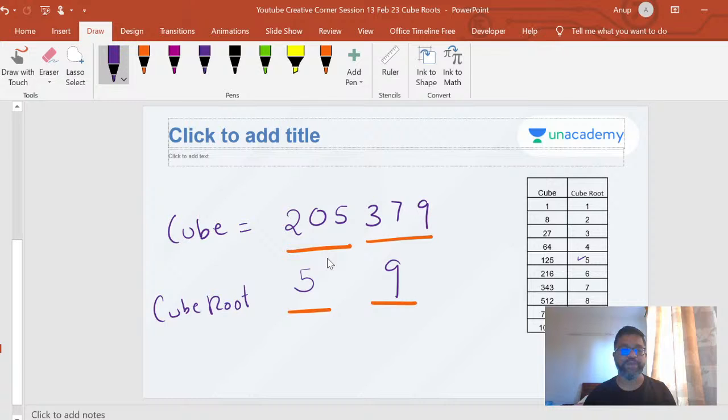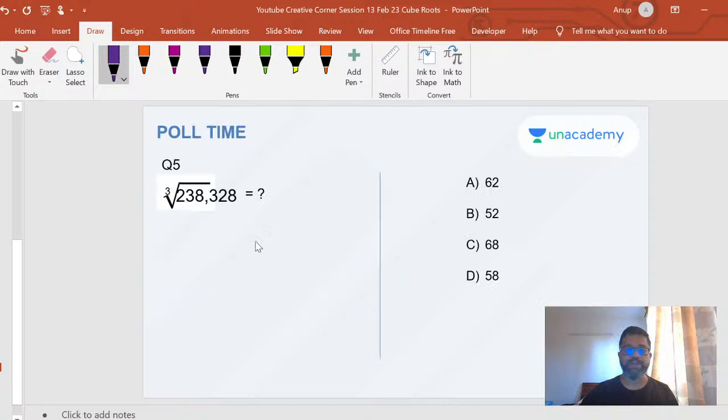Okay, so let's look at this example now. 328238. So first, as I said, marking in pairs of 3, we know that it is a 2-digit answer, right? And when it is ending in an 8, the last digit will be 2, because I told you about 2, 3, 7, 8.